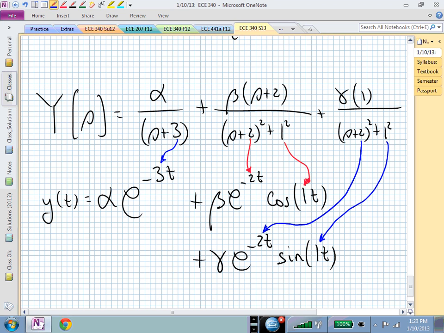If I gave you this y of t and said simulate this in MATLAB, you're going, what do I need to simulate this? I need a time axis, don't I? I need the independent variable t. And in MATLAB, I need to tell it how fine I chop that time axis up.